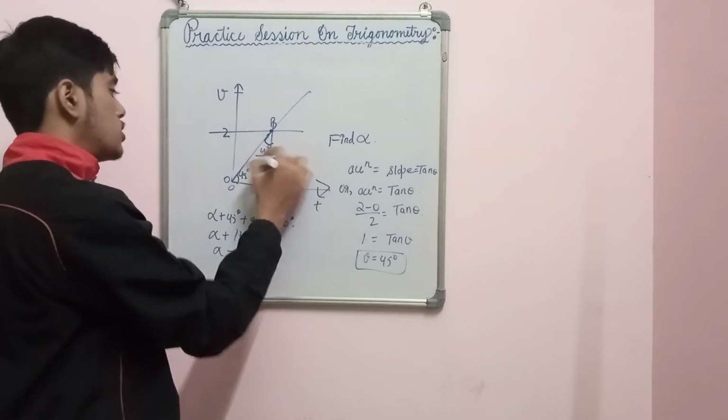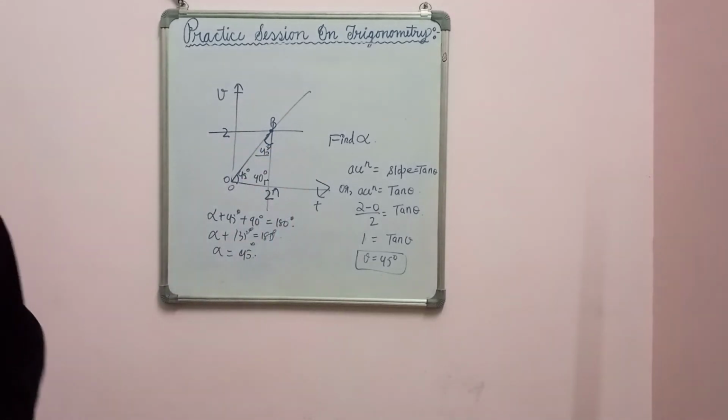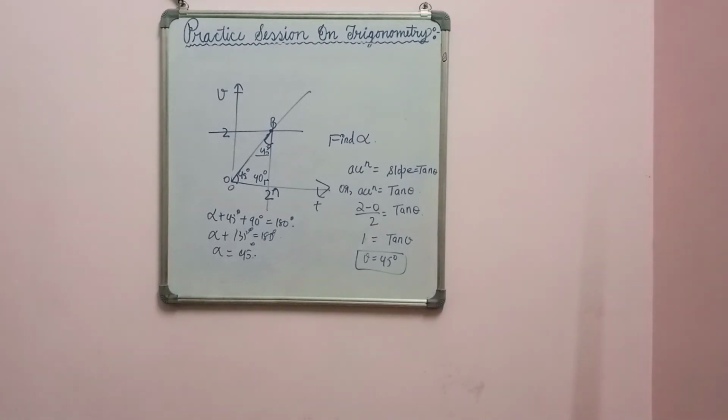Okay. So this was the type of question which we have discussed till now. Now it is important to discuss all kinds of questions because a lot of questions are asked on this topic. Now again a question is here.